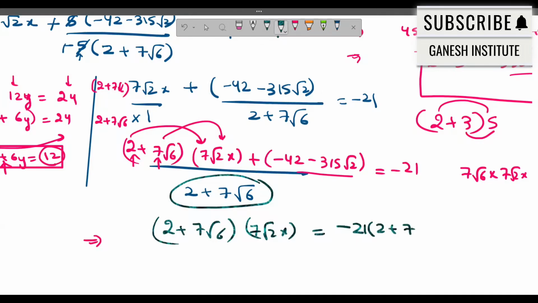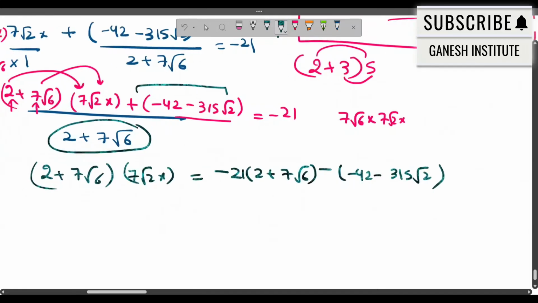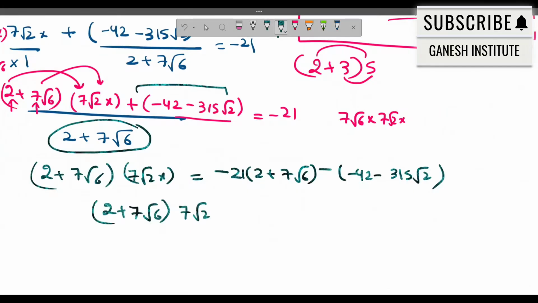And then this is in plus, so it will go with a negative sign there, right? This side. Is this fine? Now I'm not simplifying the left side anymore. Now the right side, I need to simplify.